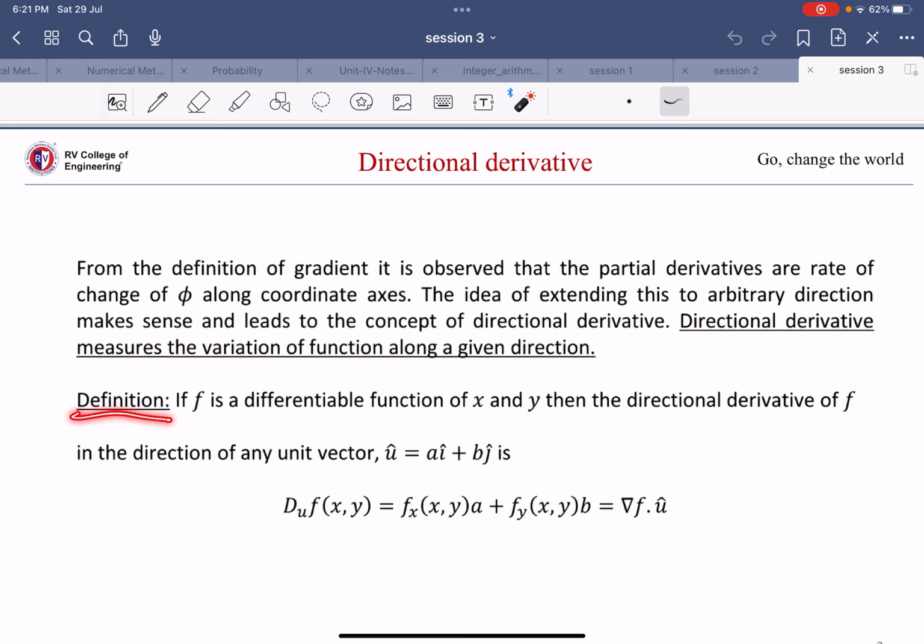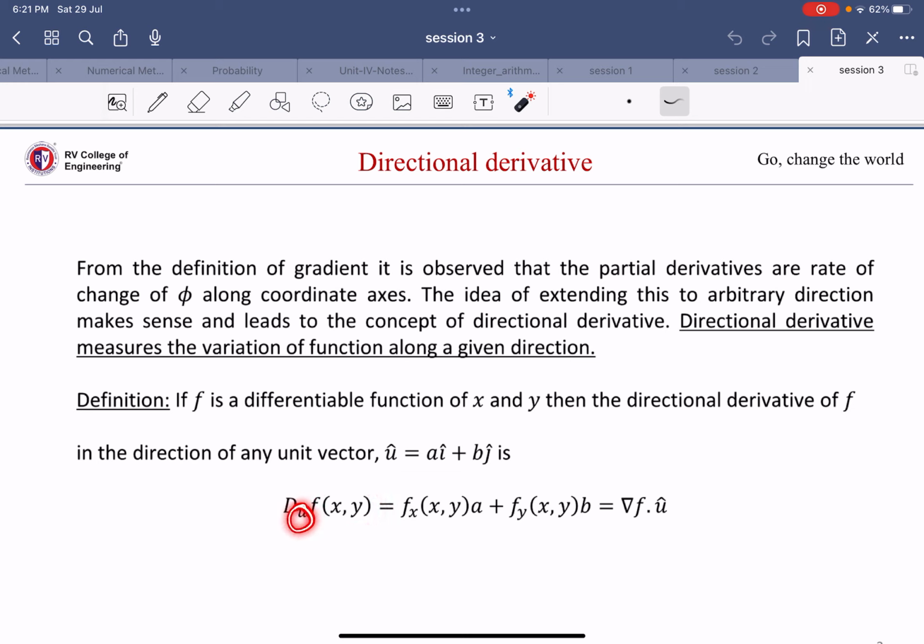Coming to the definition of directional derivative. If f is a differentiable function of x and y, then the directional derivative of f in the direction of any unit vector u cap, which is in general a i cap plus b j cap, has this notation, and this is read as directional derivative of the function f of x comma y in the direction of the unit vector u.